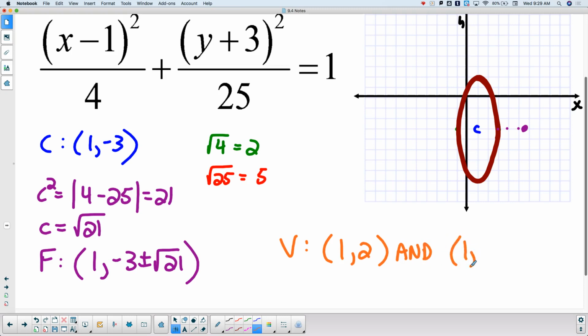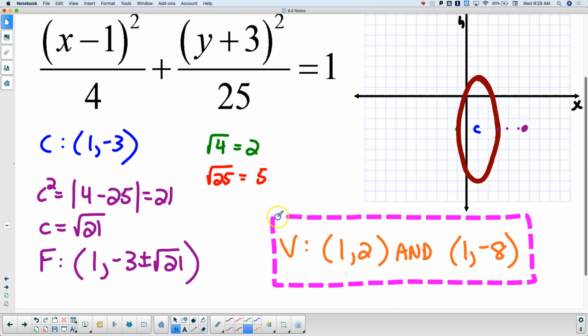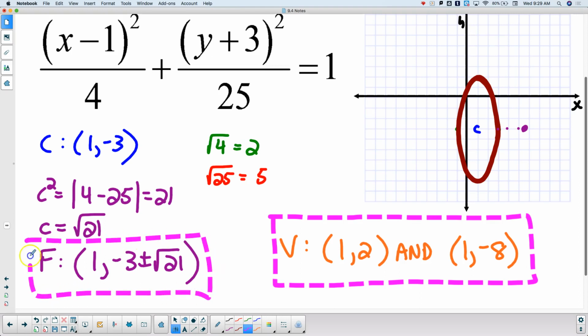Did you say -8? Yep. Okay. So the graph would be worth some points. The vertices would be worth some points. The foci would be worth some points. And the center would be worth some points.